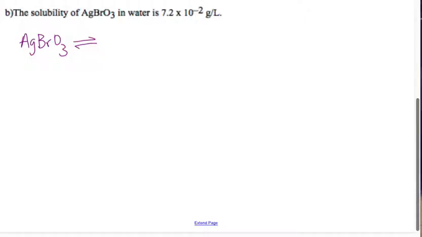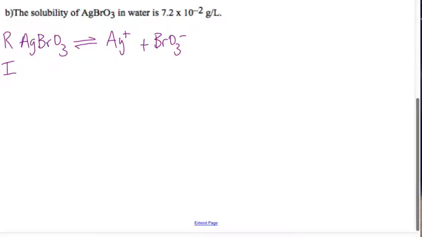Let's do a RICE table. What would we do as the next part of the RICE table? Split into ions. What does solubility mean? When I say, what is your solubility, what are you telling me?